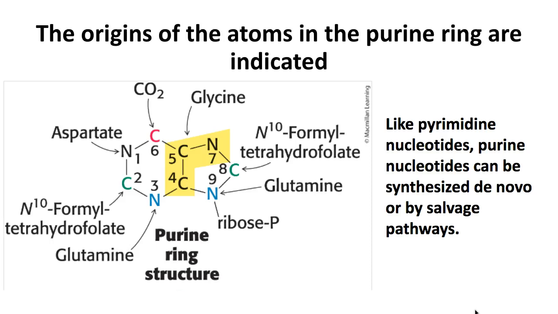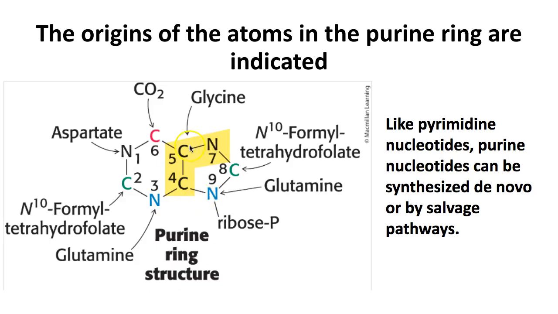So, like pyrimidine nucleotides, purine nucleotides can be synthesized by de novo or by salvage pathways. And so this figure right here shows where some of the atoms that make up the purine ring structure are coming from.